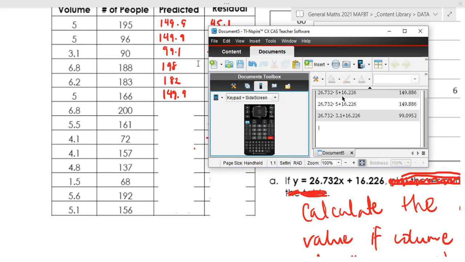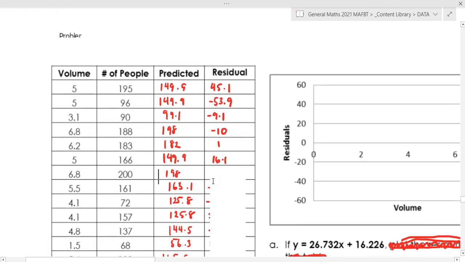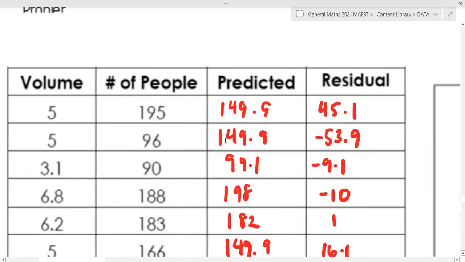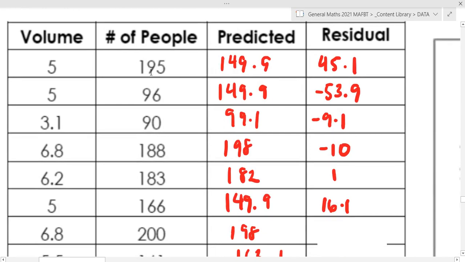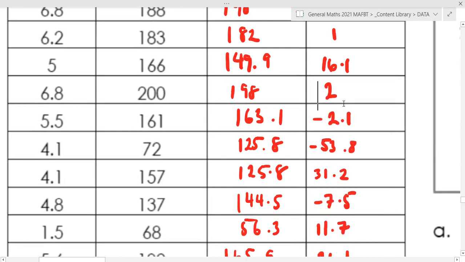That's 99.09, which I rounded to 99.1, and you can keep repeating to get all of the predicted values. And remember, to get the residual, it's the actual value take away the predicted value, and these are my residuals.